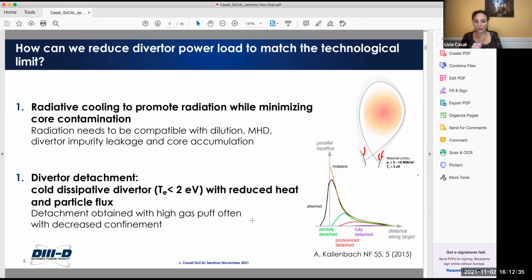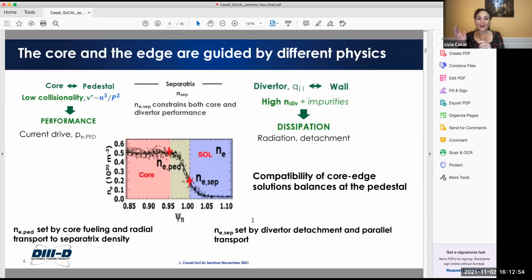Now, detachment often, especially when we obtain it with high gas puff, leads to a decreased confinement, however, not always. And this is where we start to see where the problem is, where we have fundamentally the core and the edge that are governed by different physics.